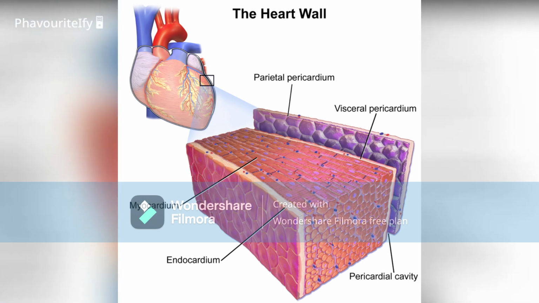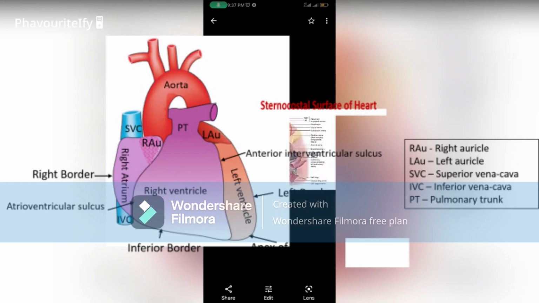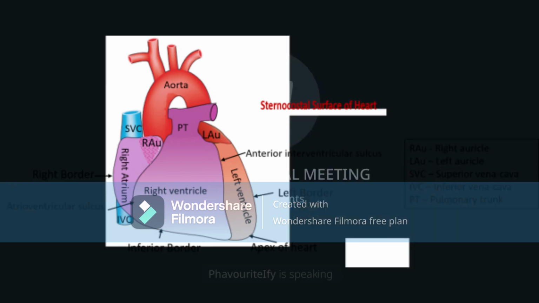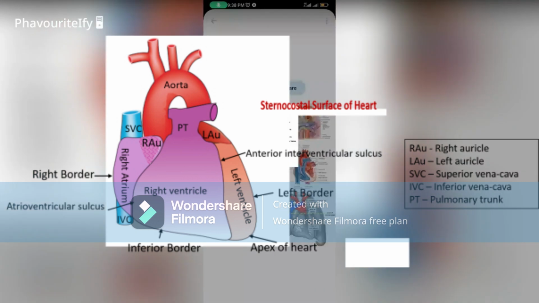Okay, so the next thing I'll talk about is the apex of the heart. The apex of the heart lies posterior to the left fifth intercostal space in the adult.